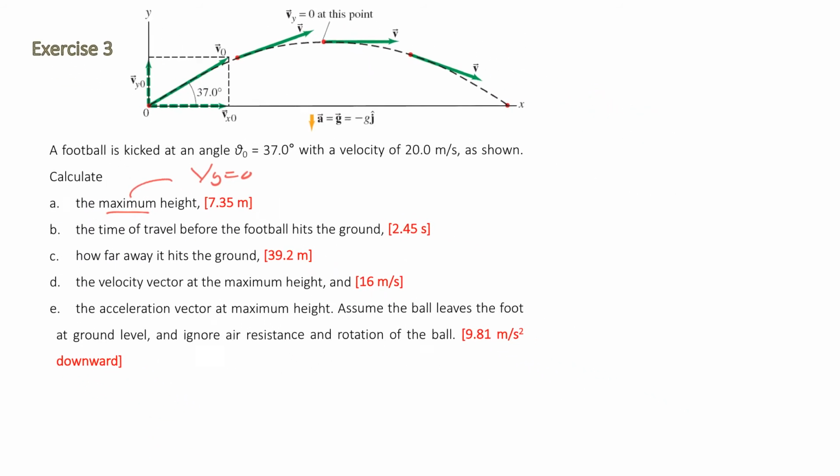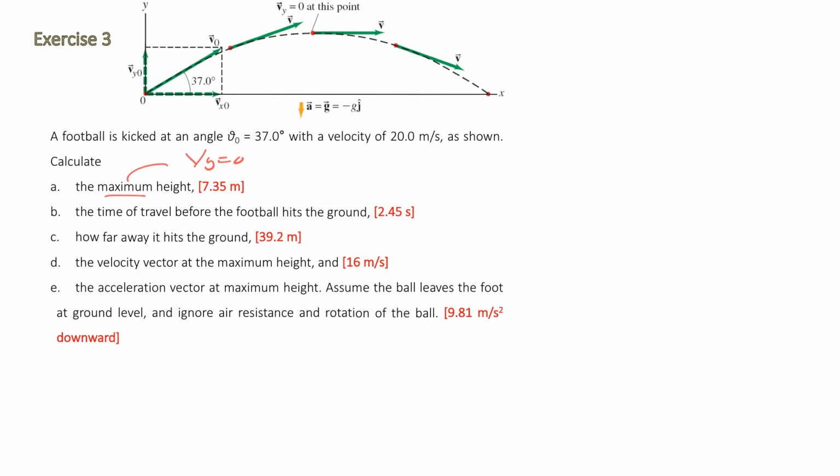So for the first question, I'm using Vy squared equals V naught y squared plus 2a, y minus y naught. Please take note that the football is kicked at an angle of 37 degrees with a velocity of 20 meter per second. So definitely the first thing that you need to do is resolve the V naught y and the V naught x.